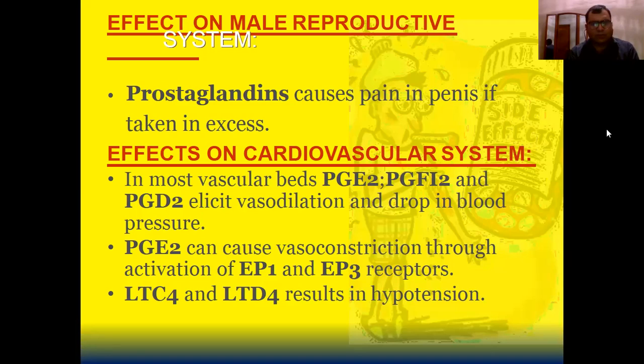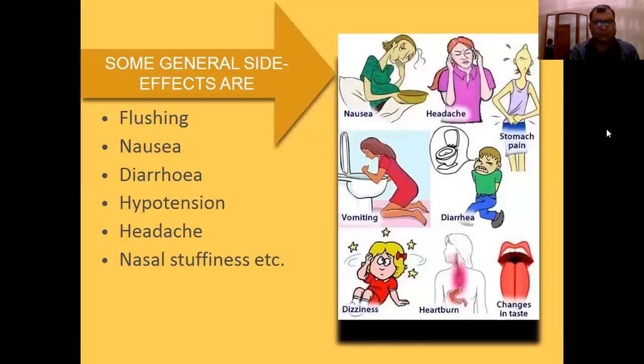Leukotriene D4 results in hypotension. Some side effects due to synthetic prostaglandin are flushing, nausea, diarrhea, hypertension, headache, and nasal stiffness. Leukotriene also causes nasal stiffness.